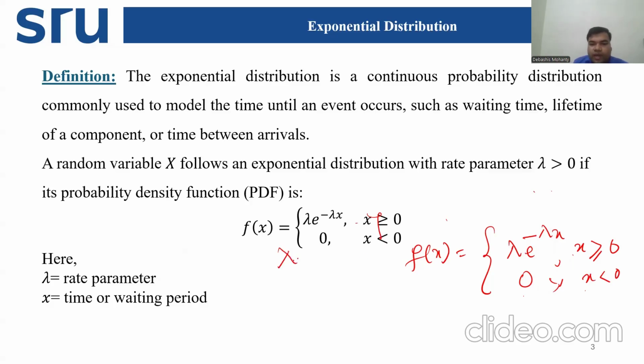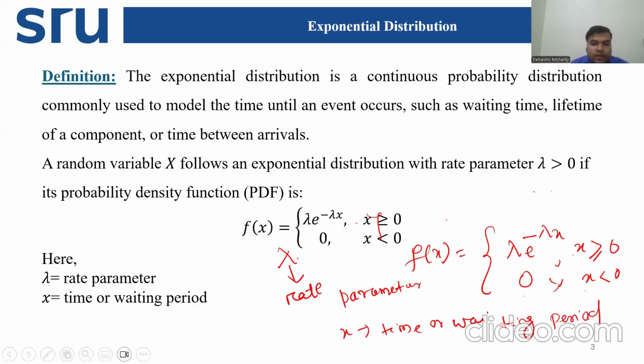Here lambda is the rate parameter, and x is the time or waiting period. So we are using two components: one is the rate parameter and the other is the waiting period. Based on these two components, we calculate f of x, the exponential distribution.